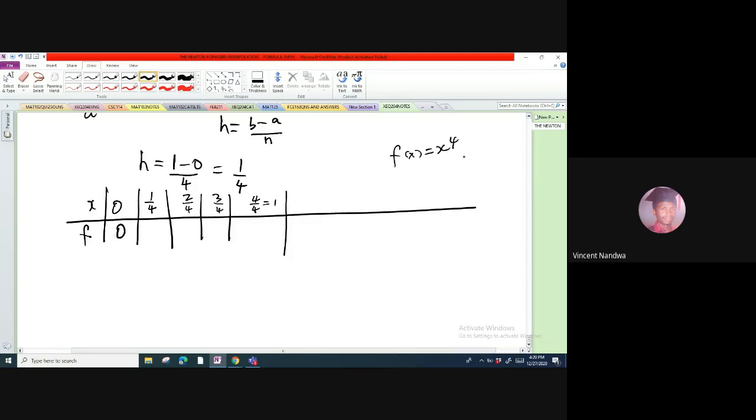And when it is 1 over 4, it will be 1 over 4 power 4, so we'll have 1 over 256. Next one, we have a half power 4, so we have 1 over 16. And then next one, we have 81 over 256. And then 1 is just the same as 1. So this is the same as our f0, f1, f2, f3, f4.